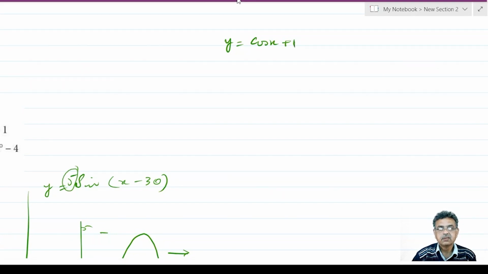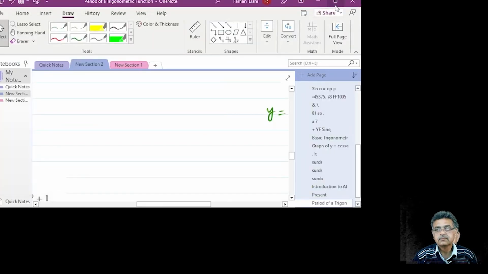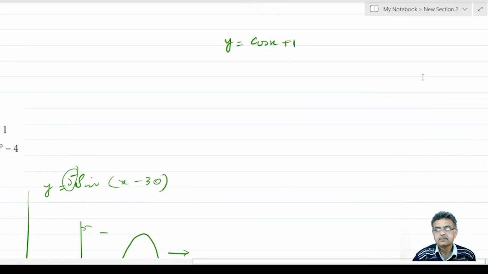Once again, if we draw these two lines, horizontal and vertical, this is a vertical line, and I draw one more horizontal line.